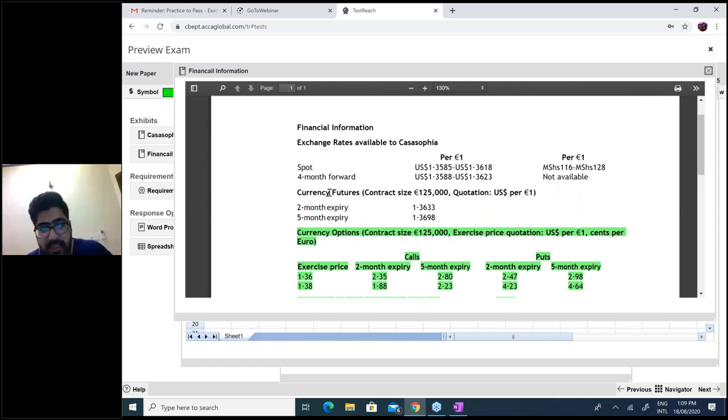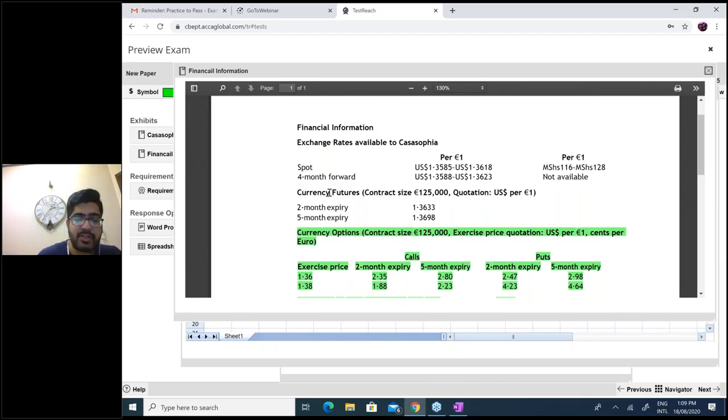Here it's a receipt case. Selling dollars means I'm taking euros, I'm being offered in euros, so call option. 5-month call option is relevant, and at 1.36, it's 2.8.